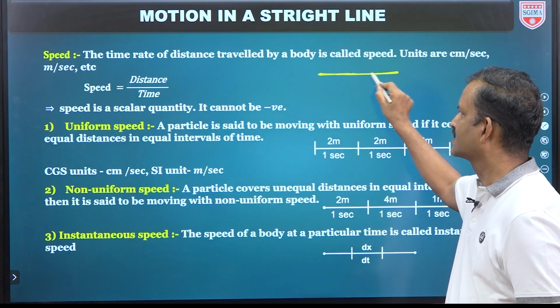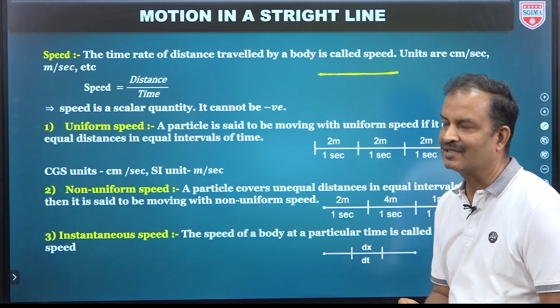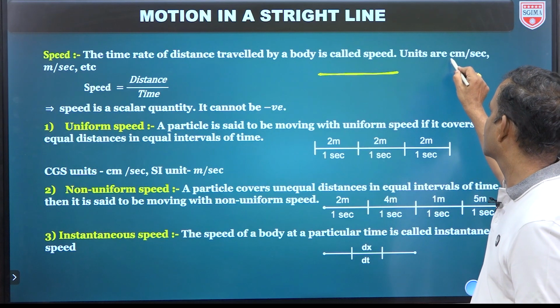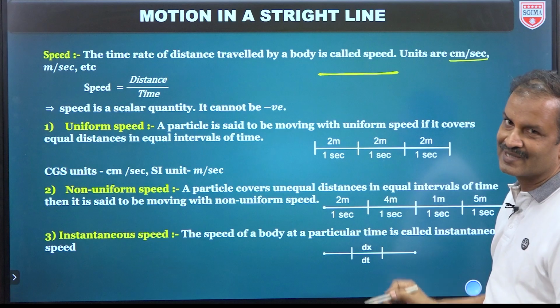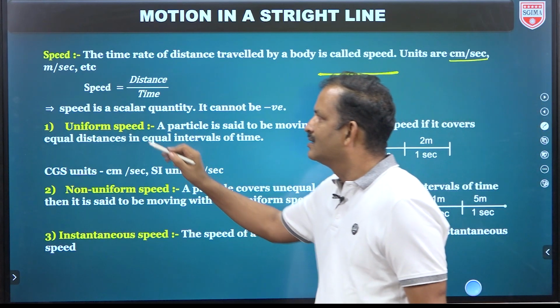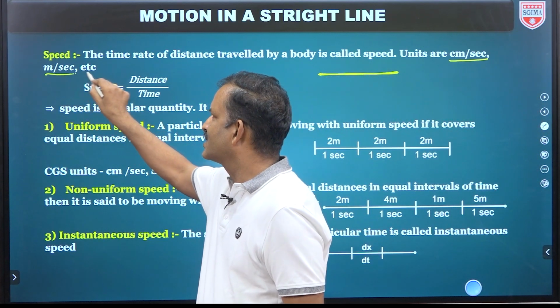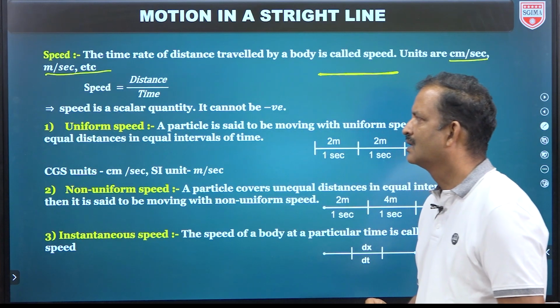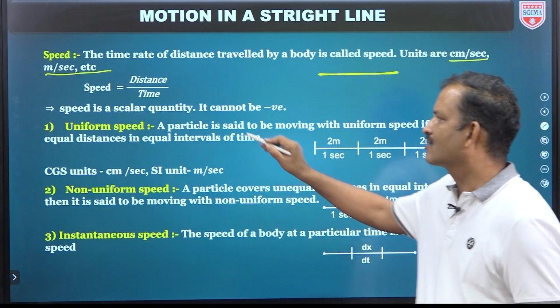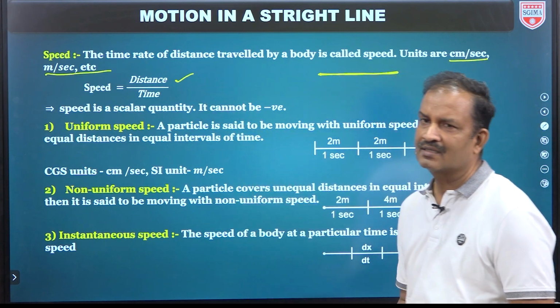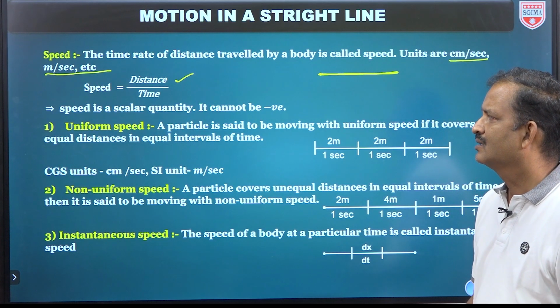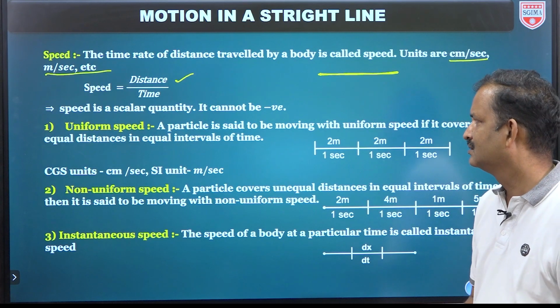This distance by time, that is speed. Speed units are CGS units centimeters per second and SI units meters per second. Speed is a scalar quantity because distance is a scalar. No direction, so speed is a scalar.